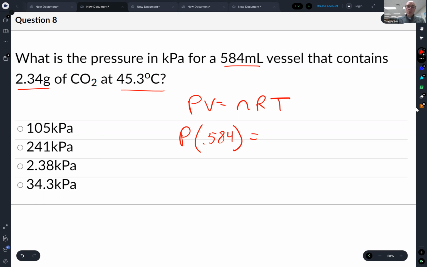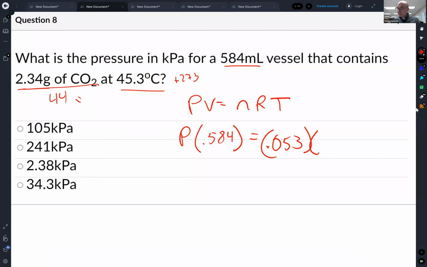Your number of moles needs to be converted from grams into moles. So I will divide by 44, the weight. So 2.34 divided by 44 gives me 0.053 moles. My temperature needs to have 273 added to turn it into a Kelvin temperature.